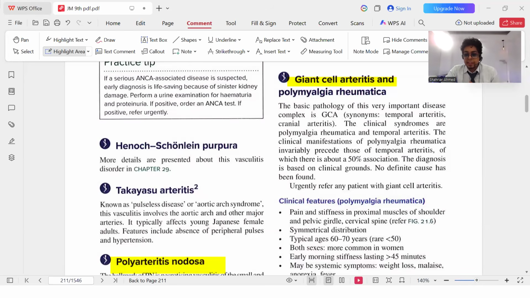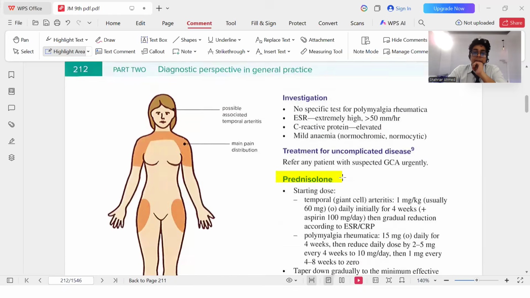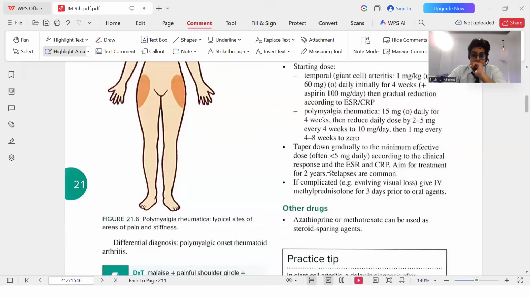So without any further delay, you have to give a high dose of steroid, because your diagnosis is giant cell arteritis. And in giant cell arteritis, or temporal arteritis, same thing, your treatment is, without any delay, a high dose of steroid, otherwise loss of vision. High dose steroid is to prevent loss of vision.